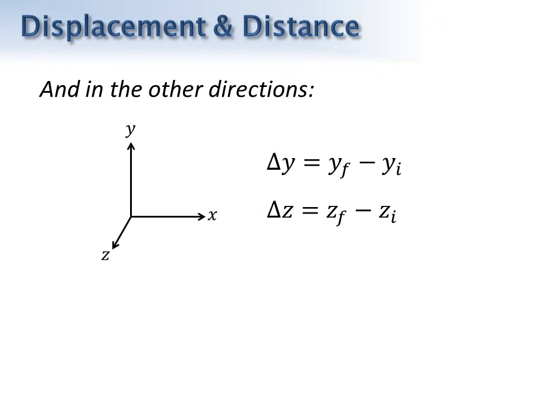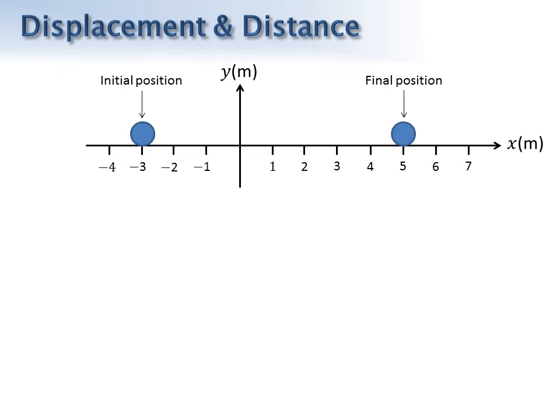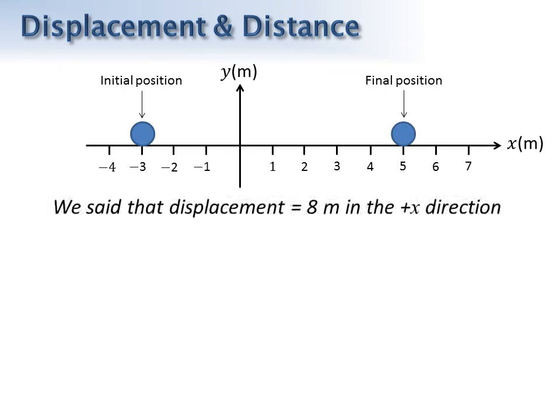Okay, so now that we have an equation for displacement, let's go ahead and apply that to the rolling ball. Just as a reminder, we said that the displacement was 8 meters in the positive x direction. Let's throw the numbers into our equation and see if we get the same answer. So here is our equation.